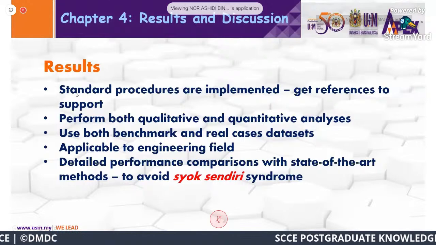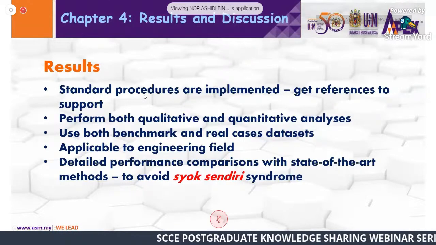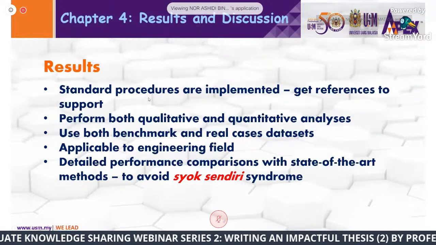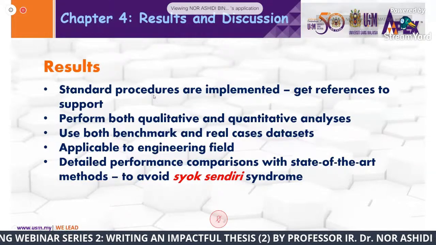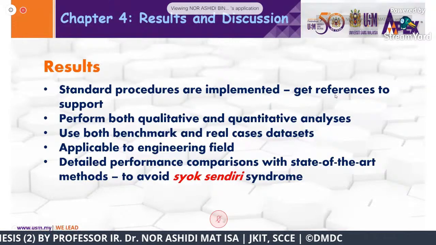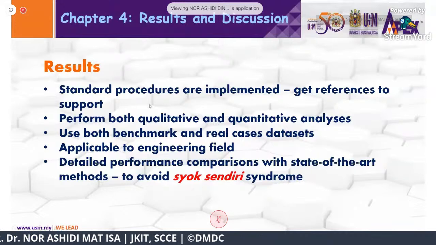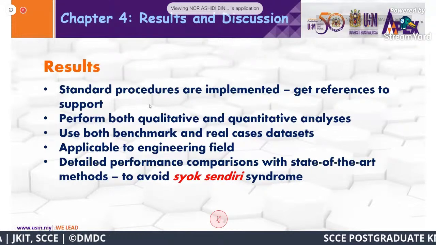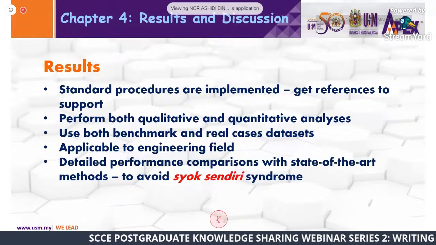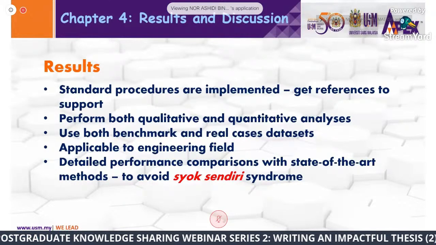And please get references to support the procedure. Whether your procedure is acceptable or not, try to support it with references. If you have a reference to support it, then your procedure is okay, meaning that your results and discussion are accepted because you follow the standard procedure of analysis.